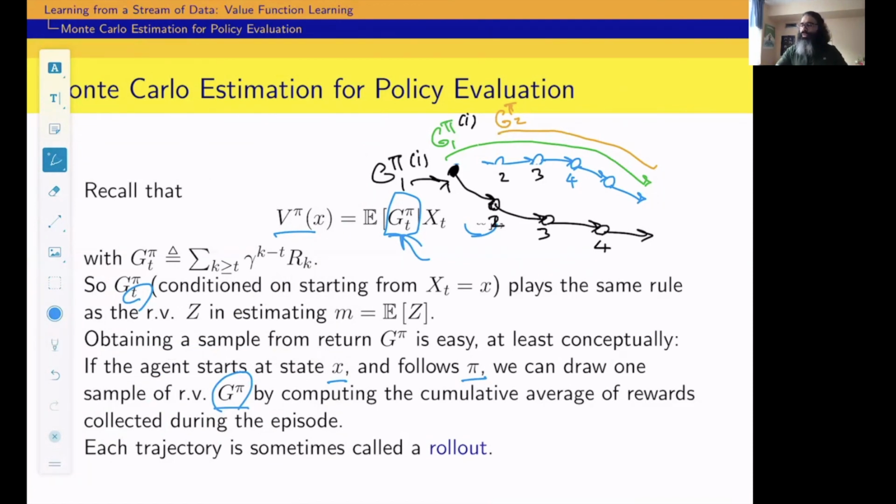This procedure is called Monte Carlo estimation for policy evaluation. It's a Monte Carlo estimate of the value function at state X. Each of these Monte Carlo trajectories is sometimes called a rollout. So if I mention that we have several rollouts from one state, it means each of these trajectories.